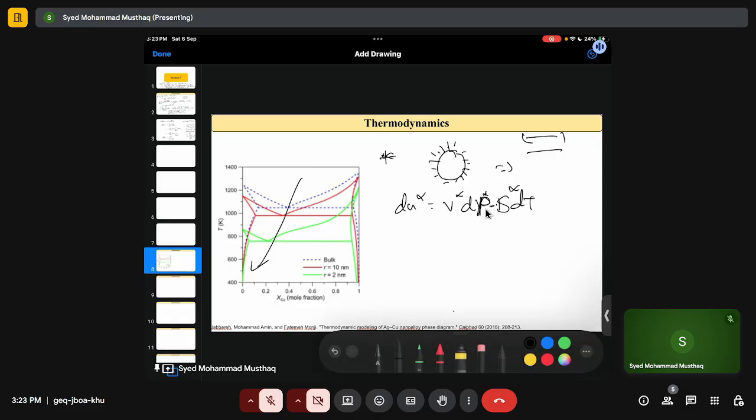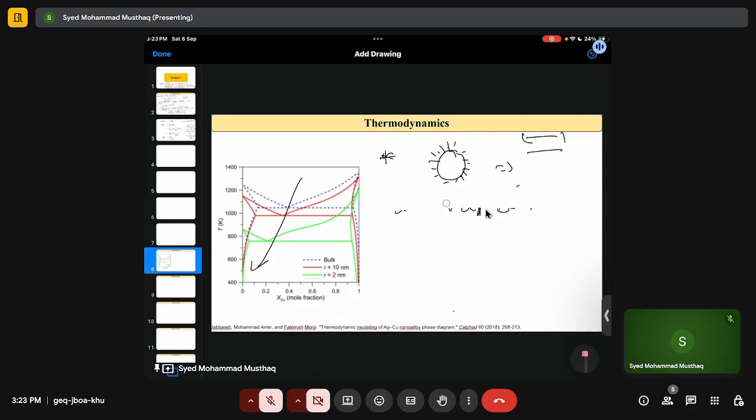You do not even have to write this in a tough way. You can just write the change, right? So delta G will be equal to delta H minus T delta S. What is my delta H? For example, alpha is transforming into beta. Okay, so delta H will be enthalpy of beta minus enthalpy of alpha.